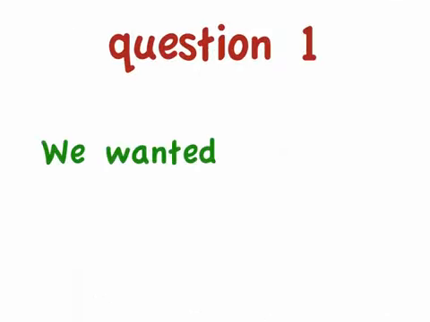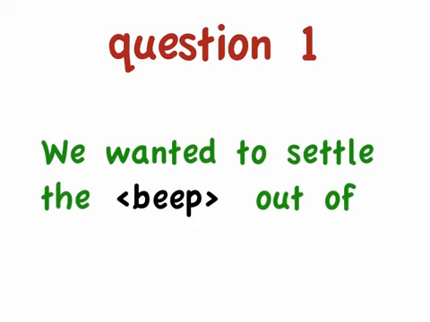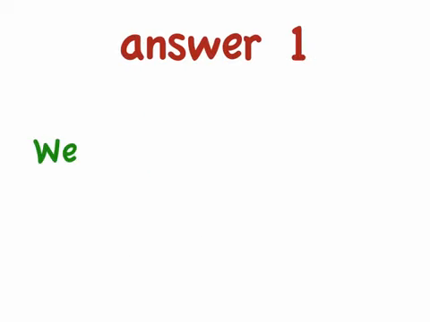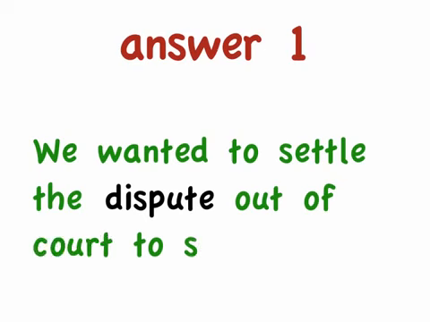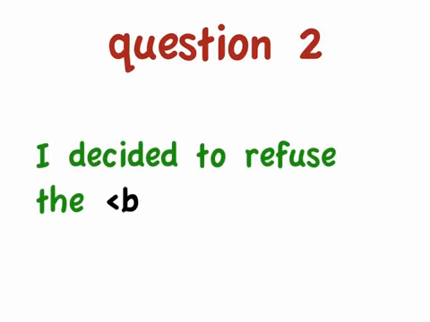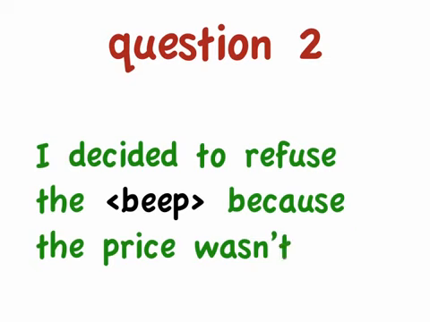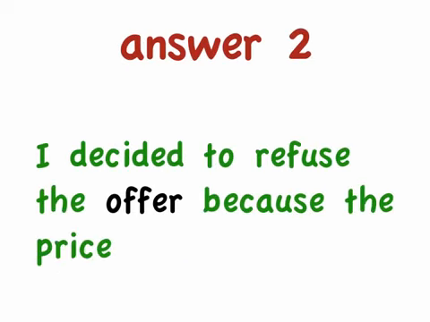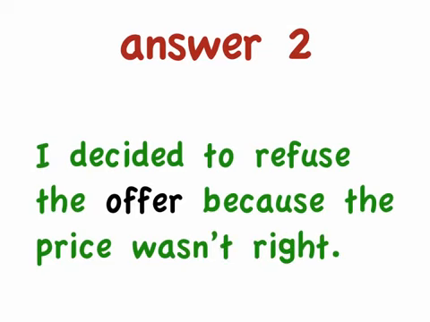We wanted to settle the out of court to save money. Answer. We wanted to settle the dispute out of court to save money. I decided to refuse the because the price wasn't right. Answer. I decided to refuse the offer because the price wasn't right.